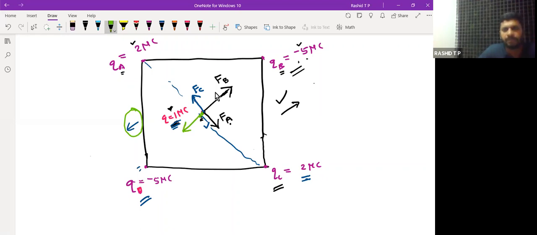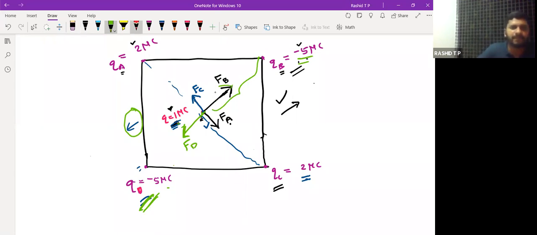And the length should be careful. For the same magnitude, -5 microcoulomb, 1 microcoulomb, we have drawn this length, then the same length we are going to draw here also. This is the force experienced by the central charge because of the charge placed at the point D, FD.